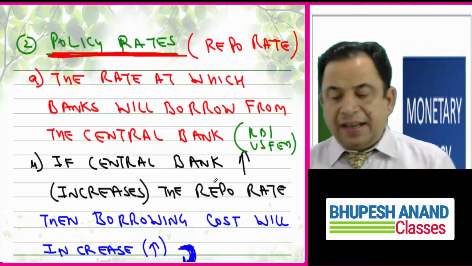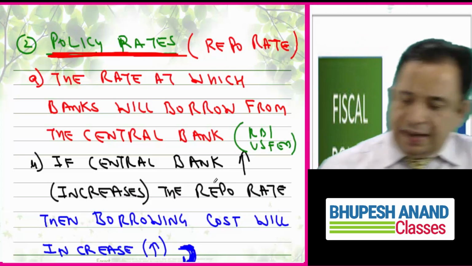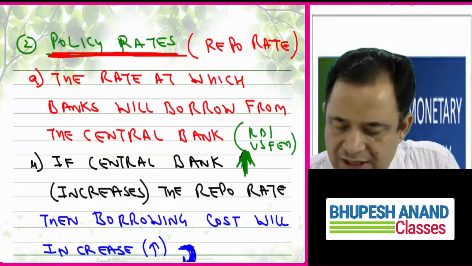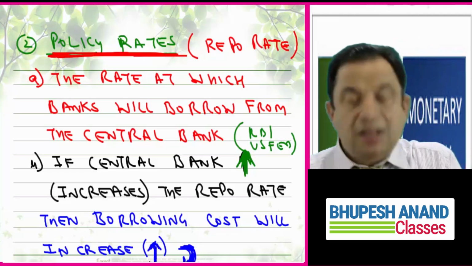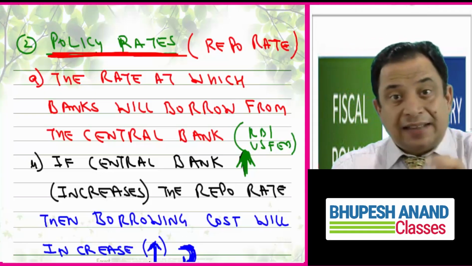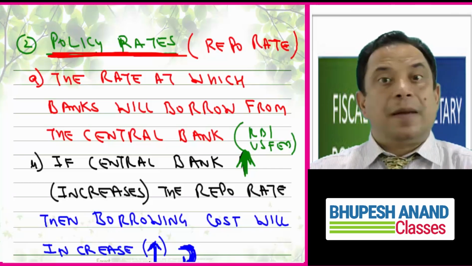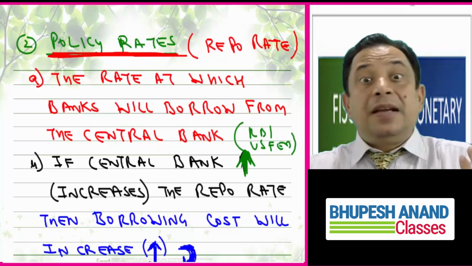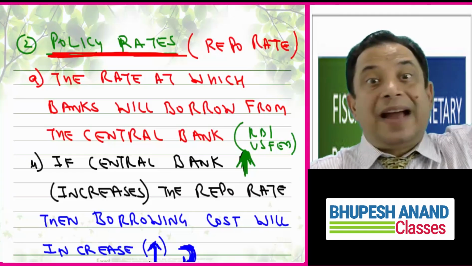If the central bank increases the repo rate, then borrowing cost will increase. Very simple. If the repo rate has been increased, that is, the rate the central bank charges Punjab National Bank or any commercial bank is increased to 9% or 10%, it means the banks can lend the money at a higher rate, and then only will the commercial bank be in a win-win position.